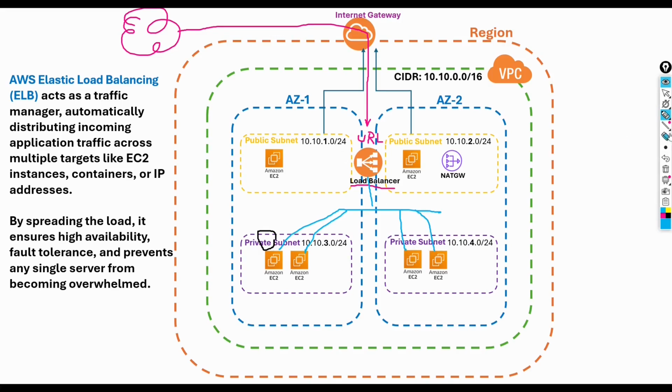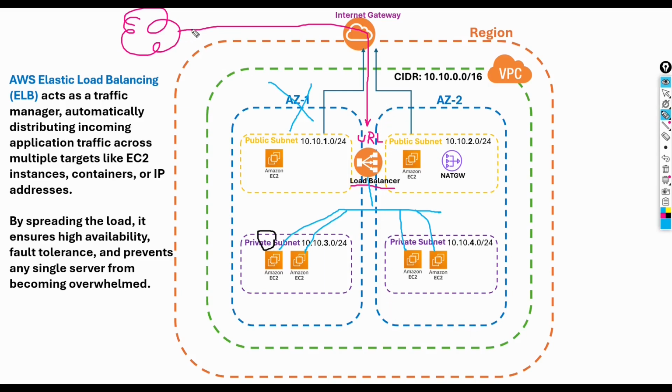Okay, so let's see how the load balancer provides high availability and fault tolerance, and prevents any single server farm from becoming overwhelmed. So basically, take an example. If this AZ goes down, in that case, this AZ will serve the request.